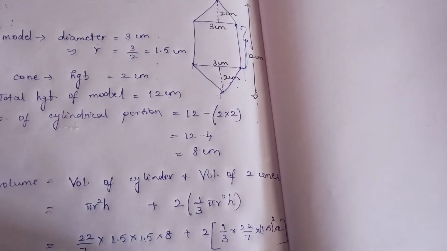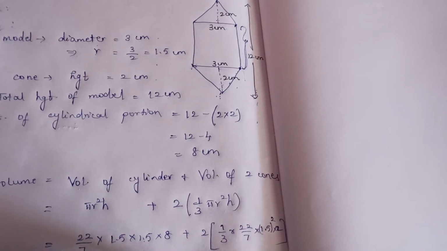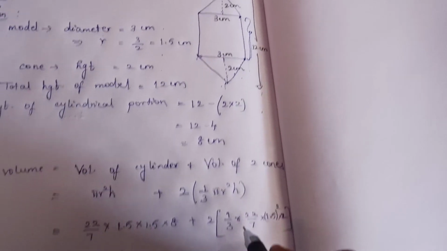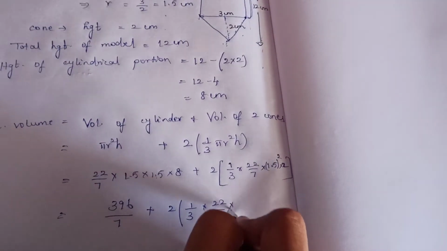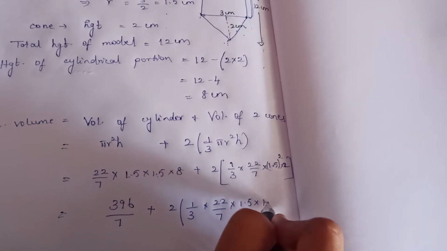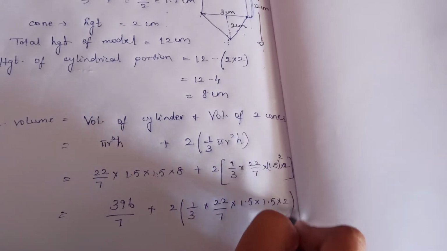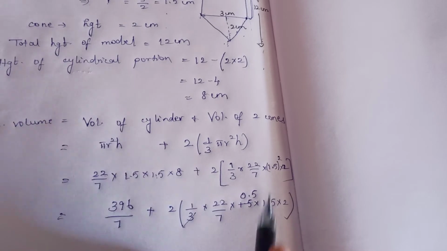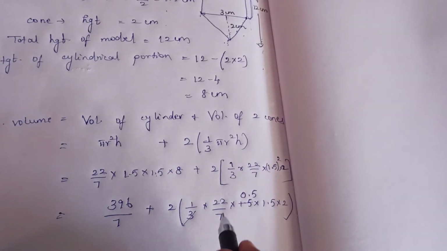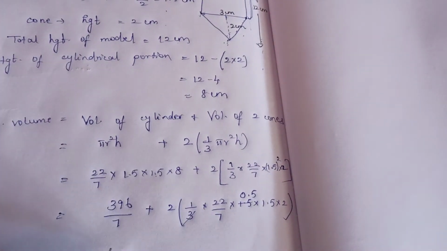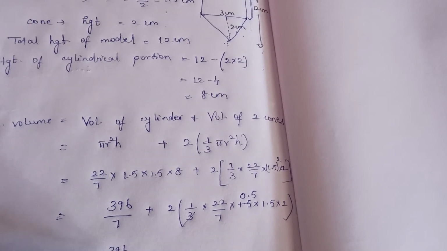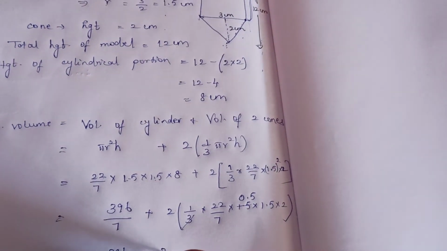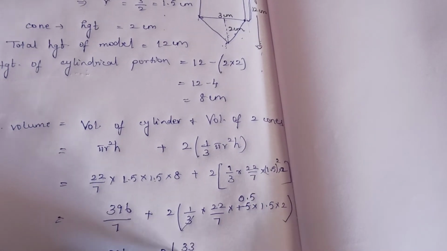And plus here 2 into 1 by 3 into 22 by 7 into 1.5 into 1.5 into 2. So 3 and 1.5 can be cancelled, which is 0.5. Now after cancelling this, we have to multiply and divide. So this is 396 by 7 plus, on multiplying this we have 2 into 33 by 7.